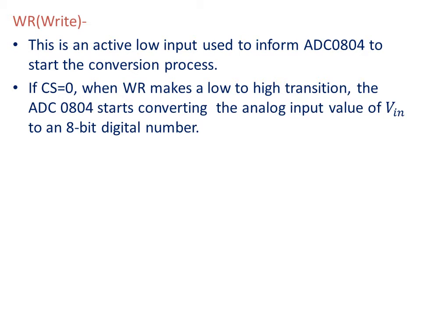The amount of time it takes to convert varies depending on the CLK IN and CLK R values, which will be explained later. When the data conversion is complete, the INTR pin is forced low by the ADC 0804 IC.